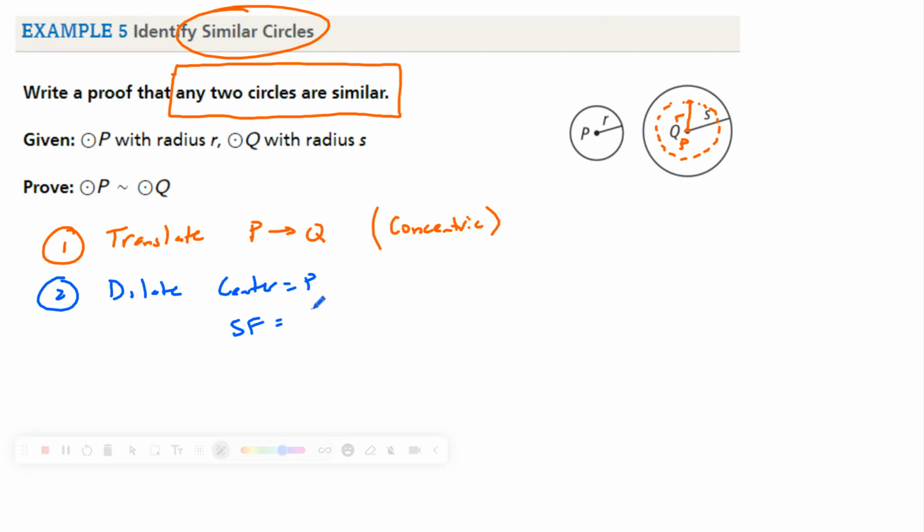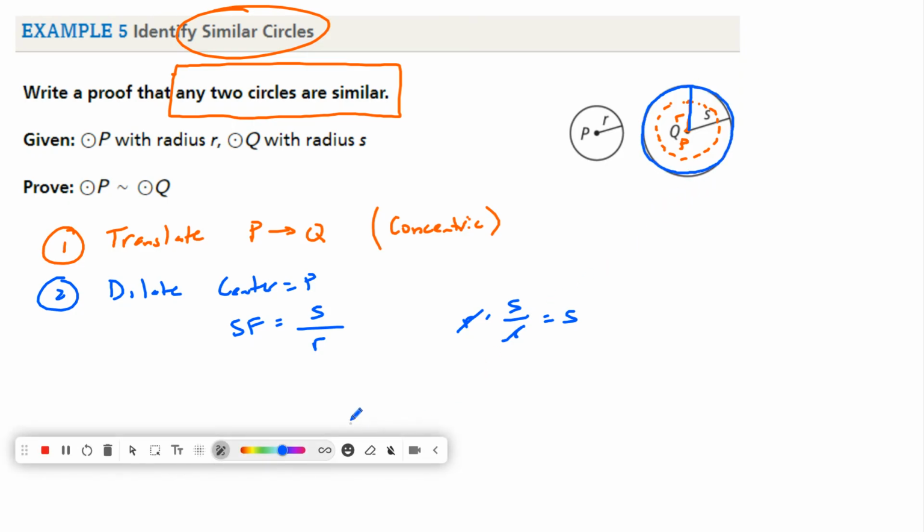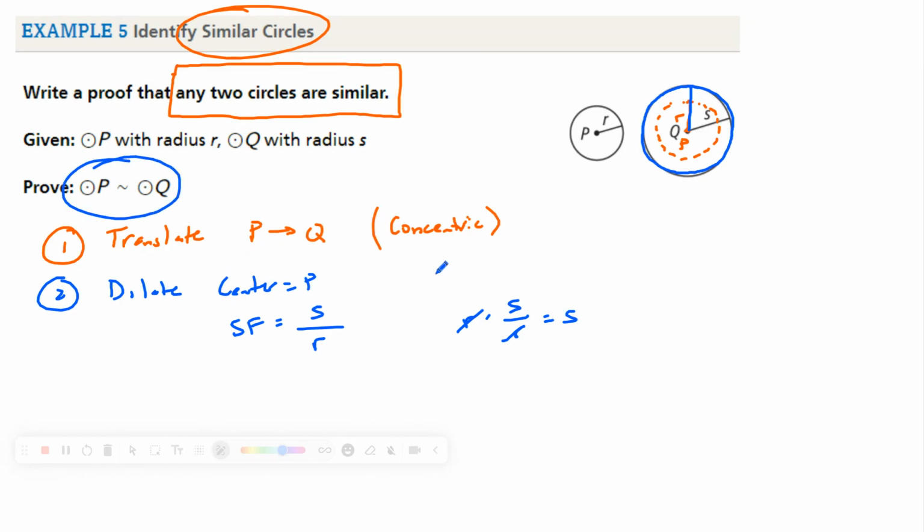In circle Q, S is the longer radius, and R is the smaller radius. If we take that smaller radius, R, and multiply it by the scale factor of S over R, the R's cancel, and we get S. That will increase this radius to a length of S. That will then increase the circle, so that circle P is now on circle Q. So now circle P is similar to circle Q. And there we go.